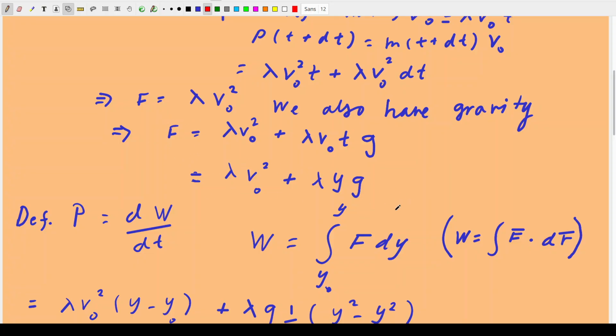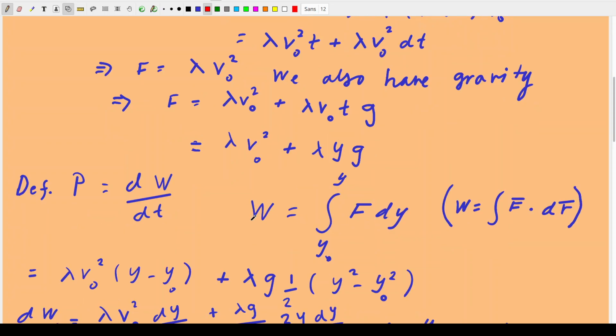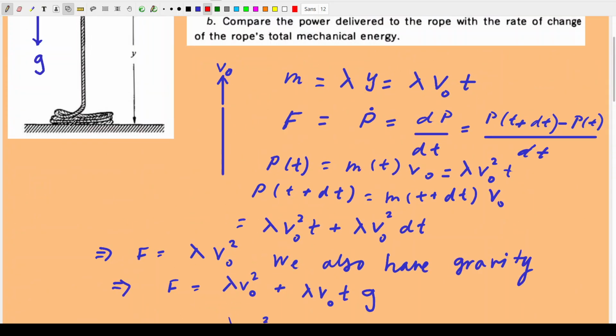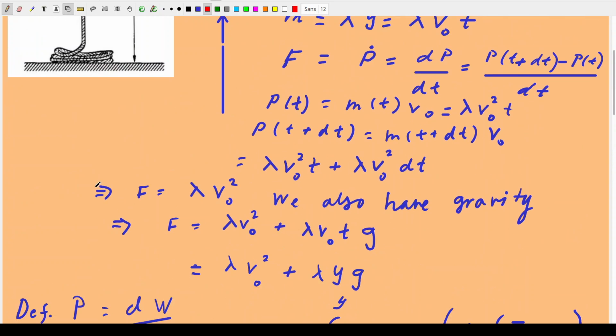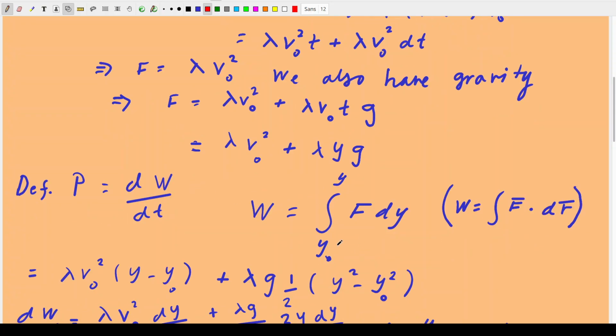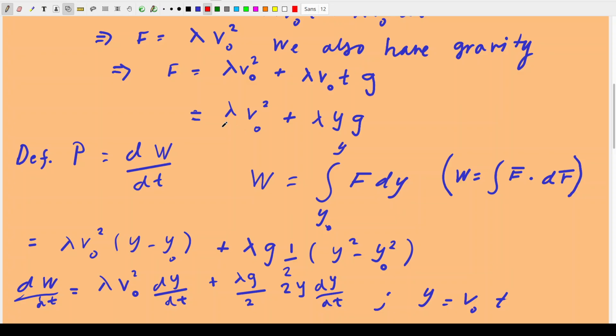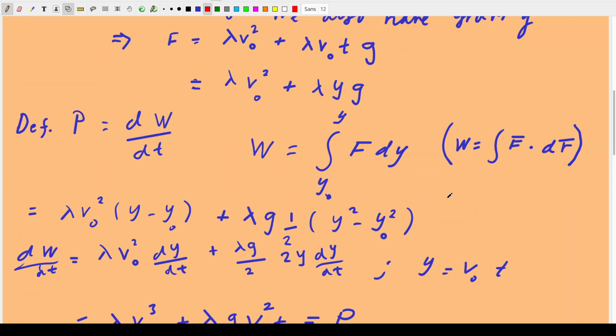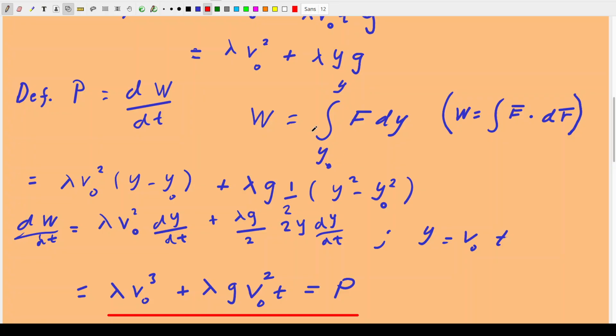So we're going to perform an integral. Let's say the limits are y naught to some certain value y. Y naught could, for example, be 0 if we started at 0 here, but let's just say y naught for now. You put in all these quantities in the integral and integrate, and you get this expression. That's the work.